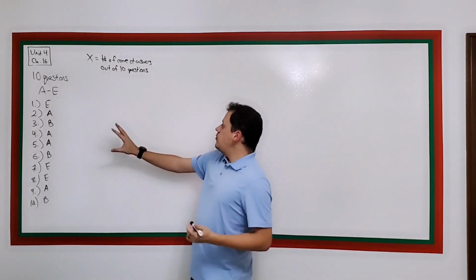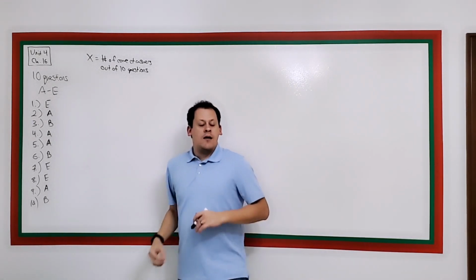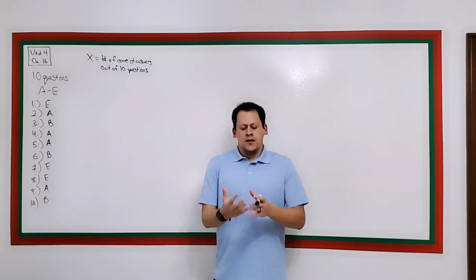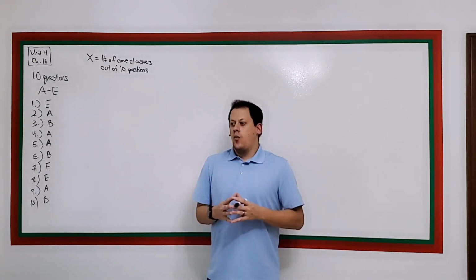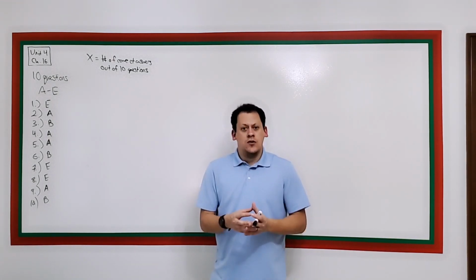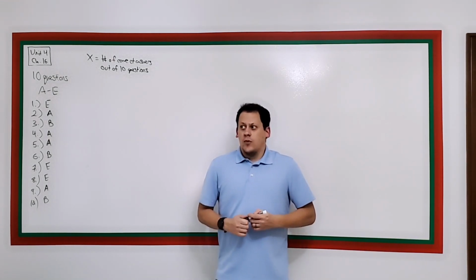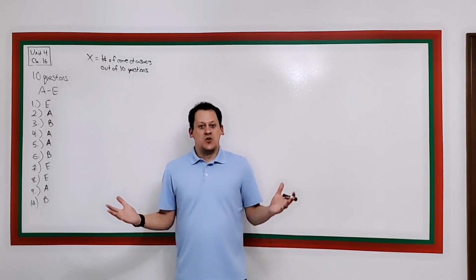I want to continue with the random pop quiz example, but again, I had every student do this, and let's suppose I want to know what the mean is of all the students who took this quiz. Or really the mean of the population of all possible students who could have taken that quiz.